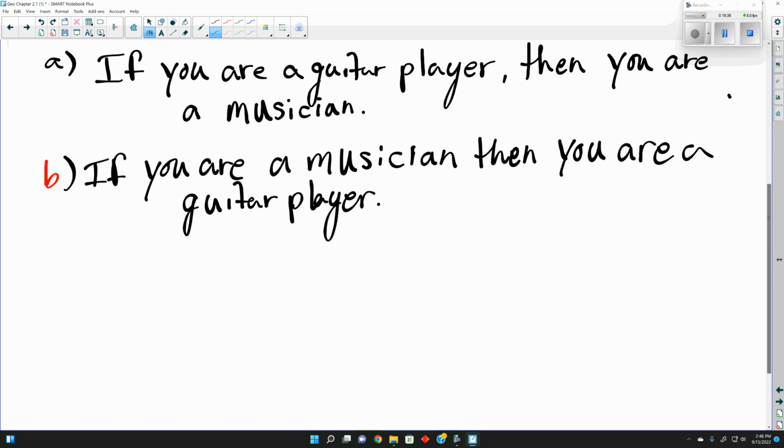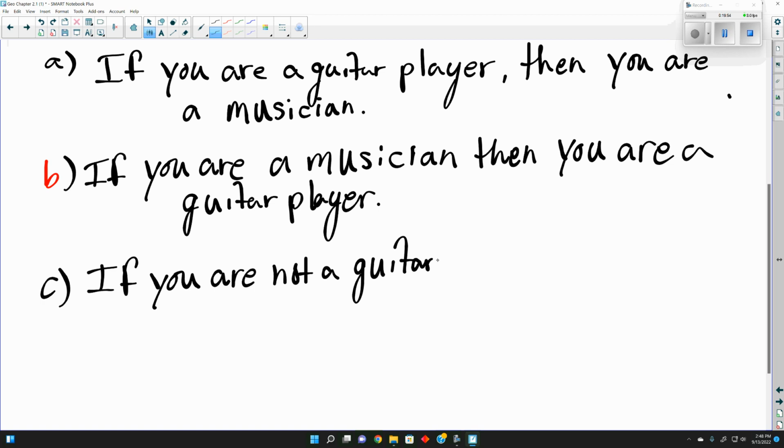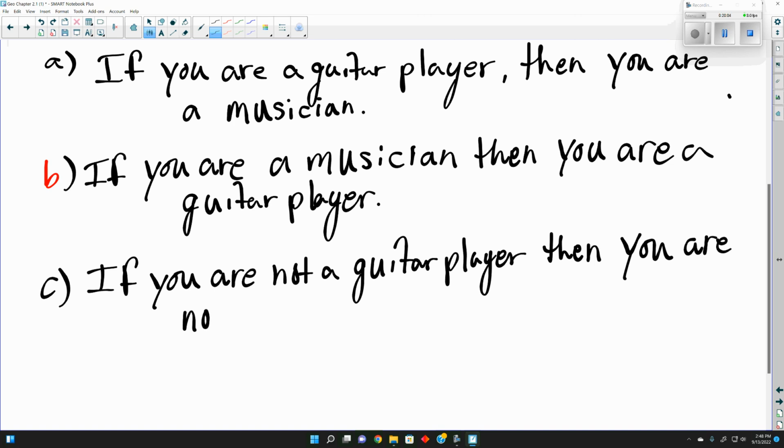Now we're looking at the inverse. Inverse is the negation. If you are not a guitar player, then you are not a musician.